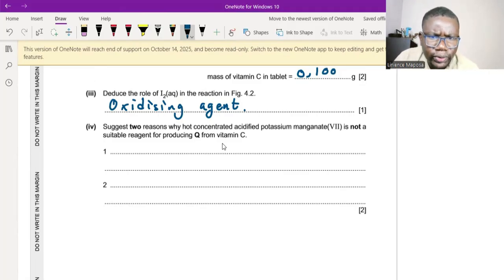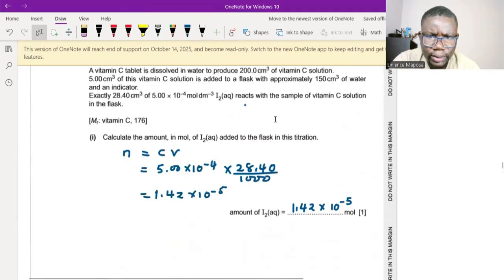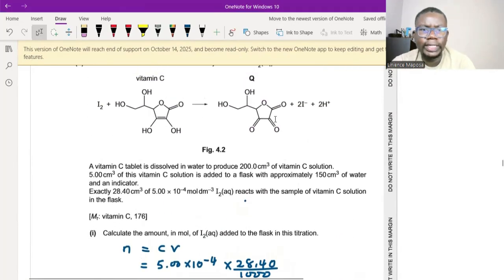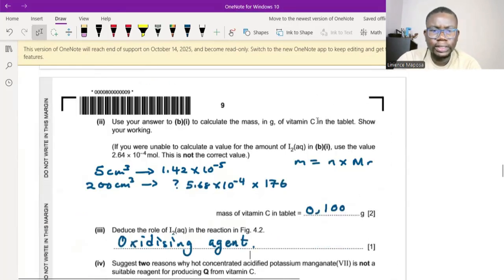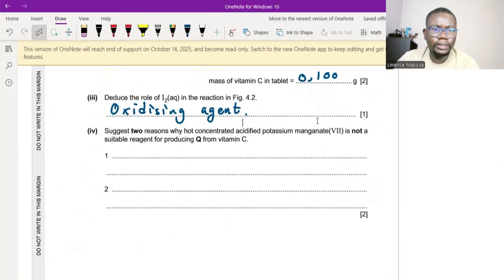Suggest 2 reasons why concentrated, acidified potassium manganate(VII) is not a suitable reagent for producing Q from vitamin C. Where's Q? Who talked about Q? Oh, Q is that one. Look, this question, I told you they like this question.